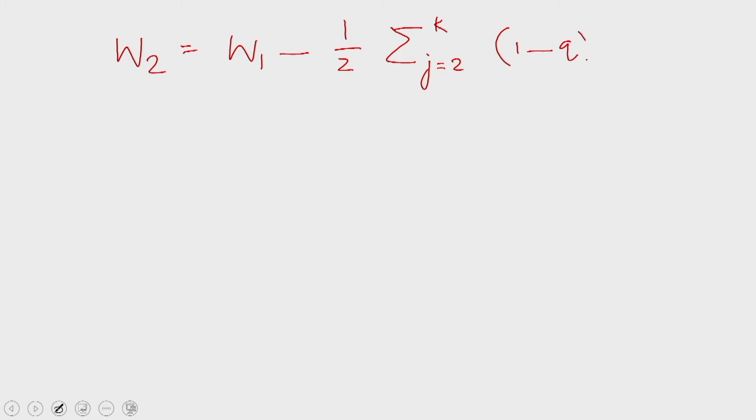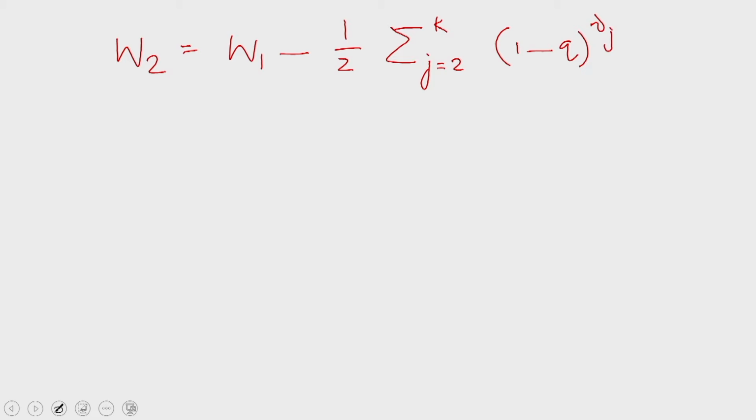The weight in the system after the operations is going to be W1 minus half of one minus q power ij. This is because when a node becomes a subject, half of its weight is thrown away.